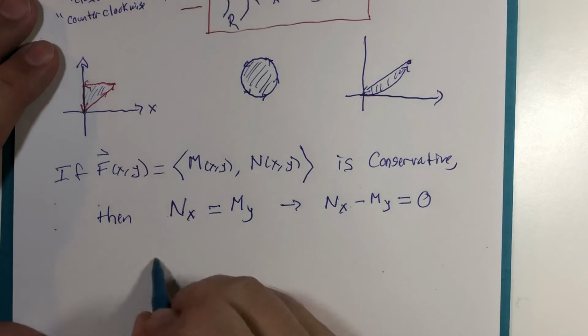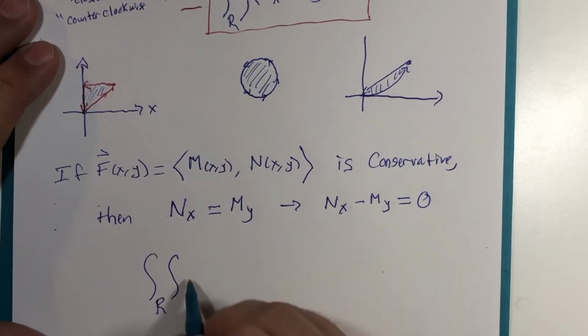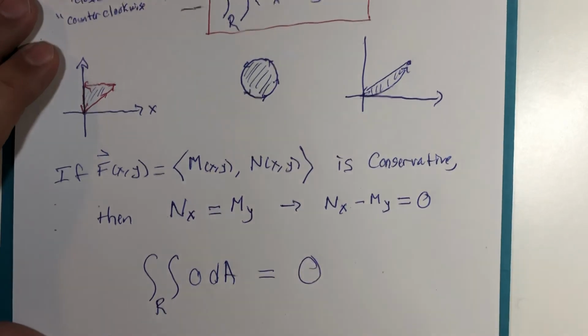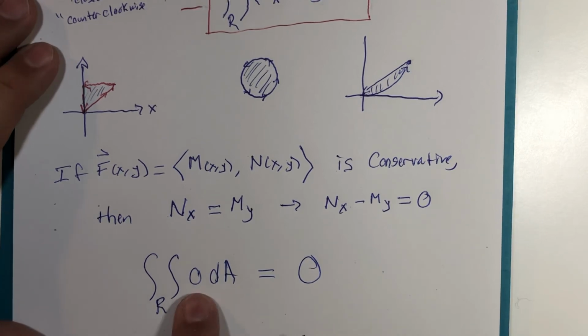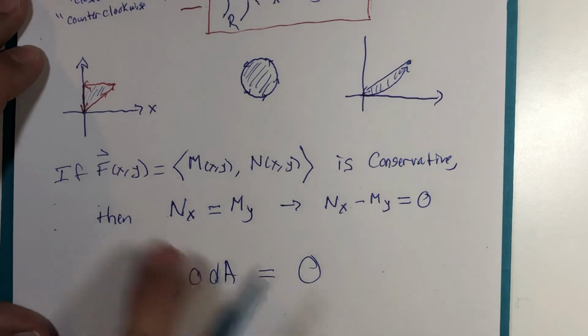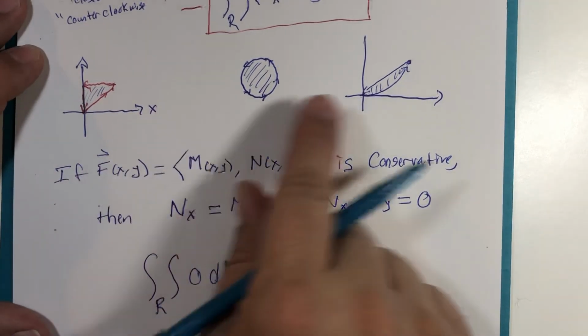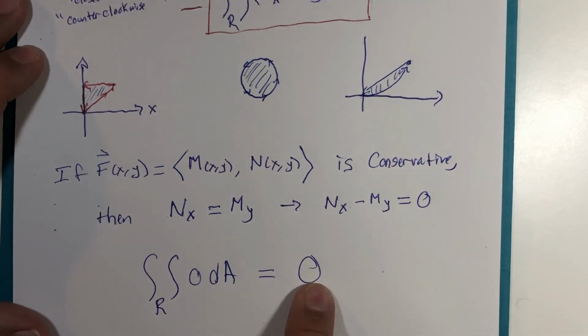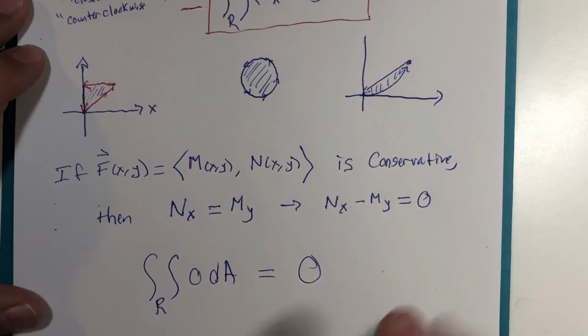And if we use this theorem and we attempt to integrate 0, we will get 0. Think of this as a volume of some kind. If there's no third dimension, there is no volume. And that's what we had stated with the fundamental theorem previously, that if you start and end at the same point and you have a conservative vector field, then the work is equal to 0. So this is just another way to do that.